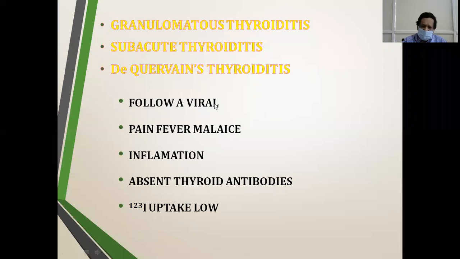Second is granulomatous thyroiditis, otherwise known as subacute or de Quervain's. This follows a viral infection like an upper respiratory tract infection, with pain, fever, malaise. All the acute inflammatory signs, dolor, calor, rubor, tumor, functio laesa, may be seen, and there are no thyroid antibodies.